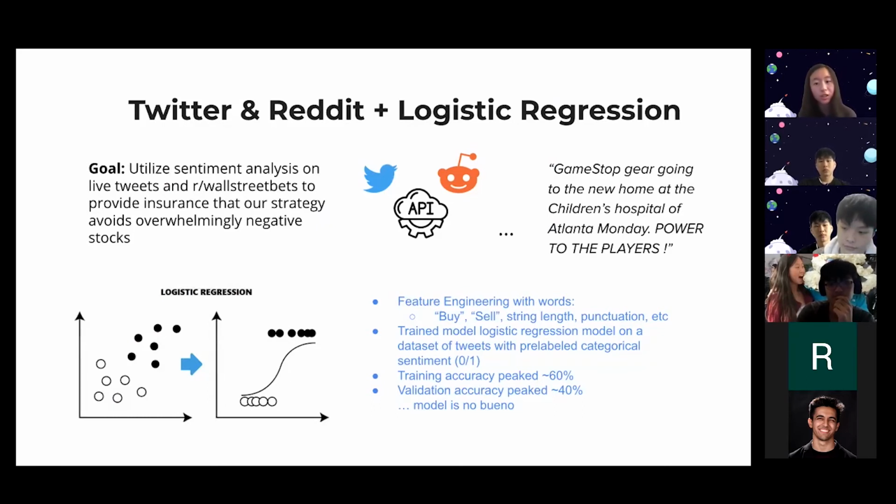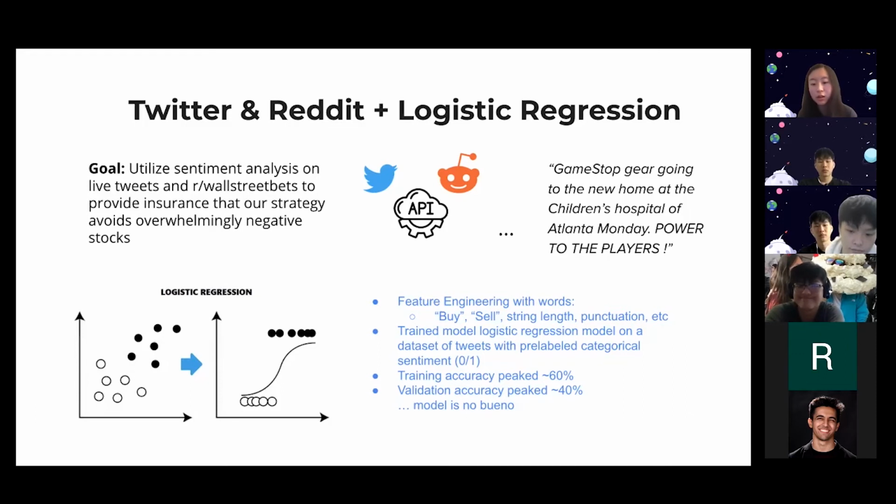The first thing that we tried was logistic regression. This is a simple model using feature engineering with words like buy, sell, string length, punctuation, just very arbitrary things that we figured would probably impact the sentiment of a tweet.